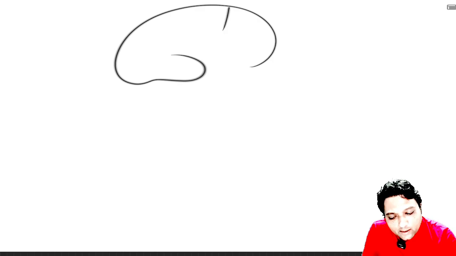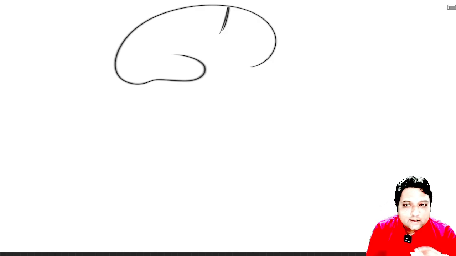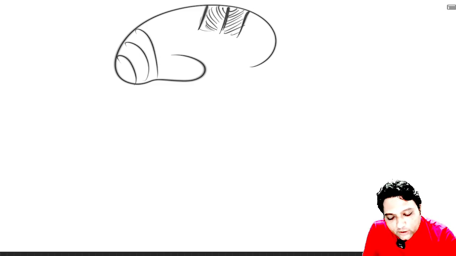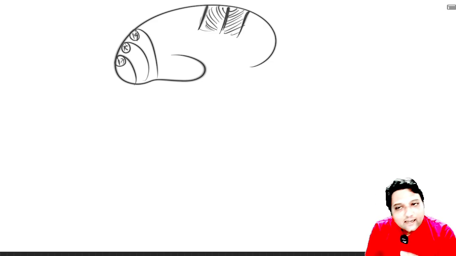The main landmark in the cerebrum is the central sulcus. This is your precentral gyrus. This is your postcentral gyrus. This is your visual cortex, areas number 17, 18 and 19: primary, secondary and tertiary visual cortex.